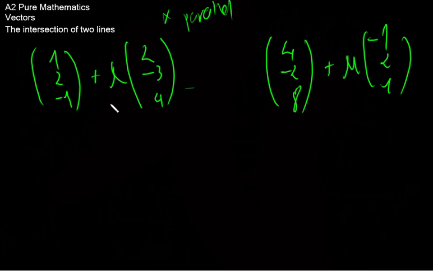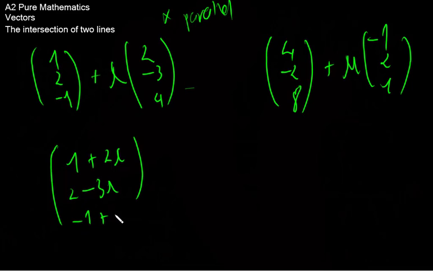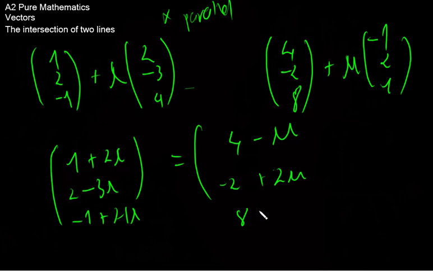We can just rewrite this equation. So 1 plus 2 lambda, 2 minus 3 lambda, 1 plus 4 lambda equals 4 minus mu, minus 2 plus 2 mu, 8 plus mu.